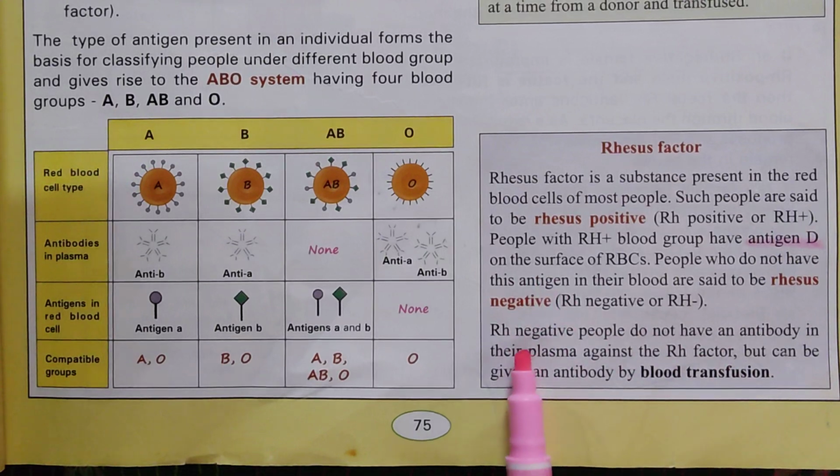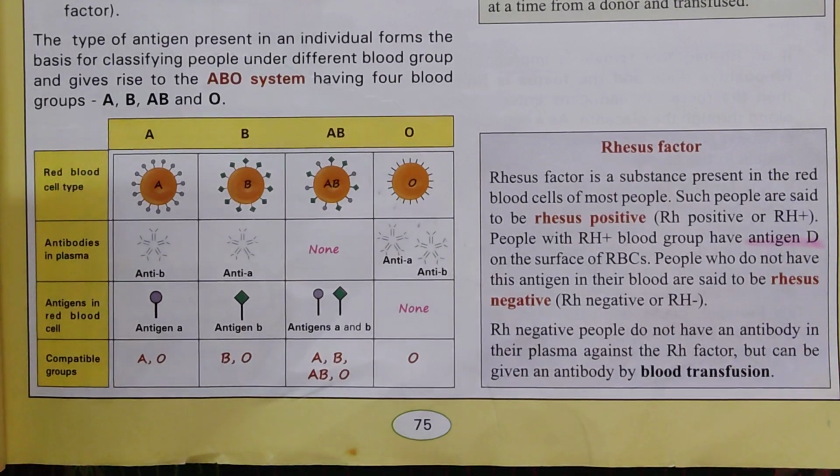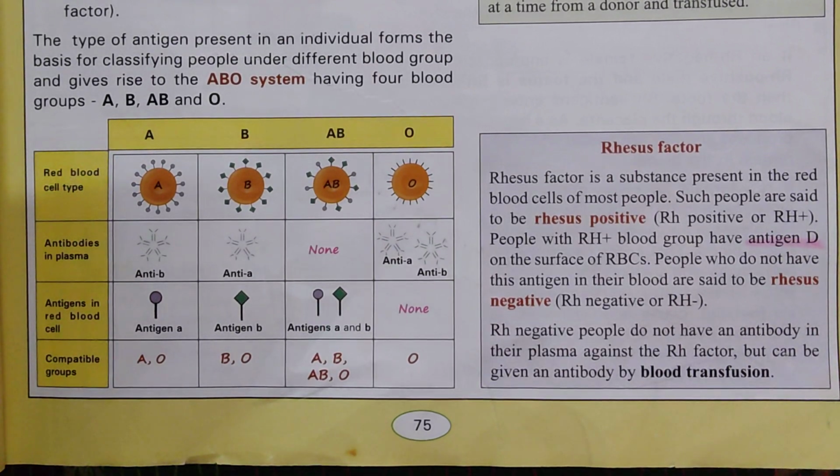Now see, RH negative people do not have an antibody in their plasma against the RH factor but can be given an antibody by blood transfusion. So those who have a negative blood group do not have any antigen D, but with the help of blood transfusion, you can pass on the antigen D to them.